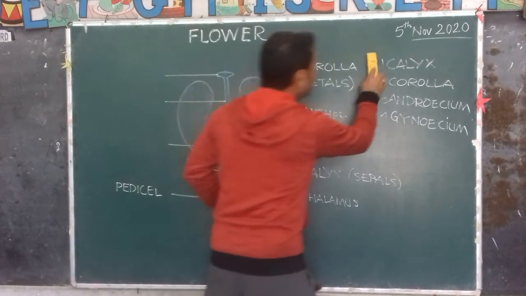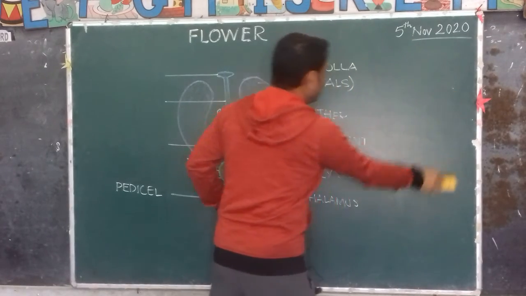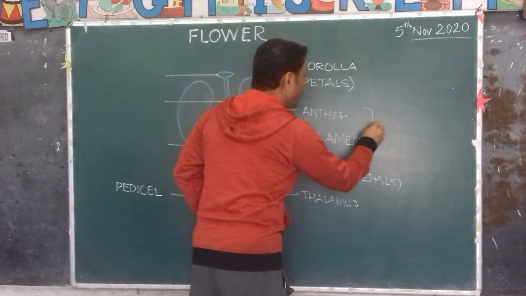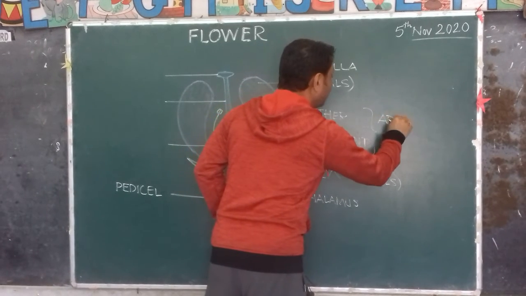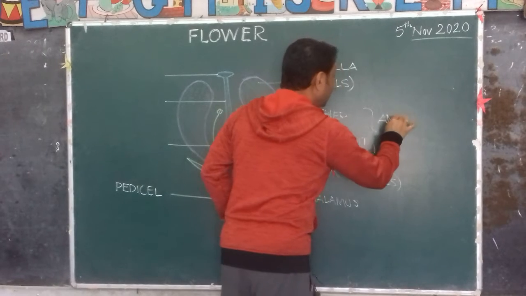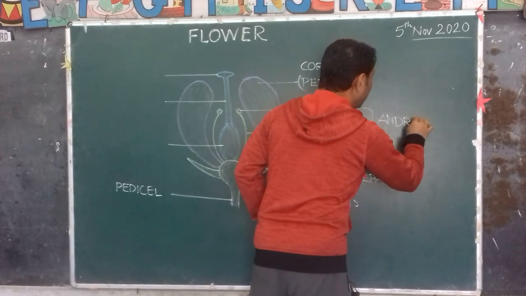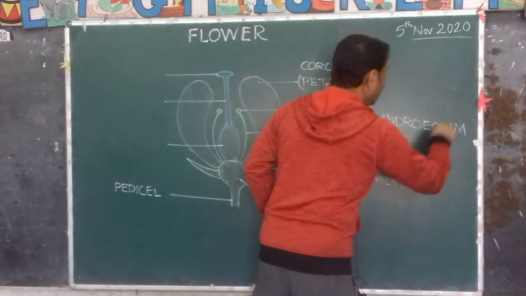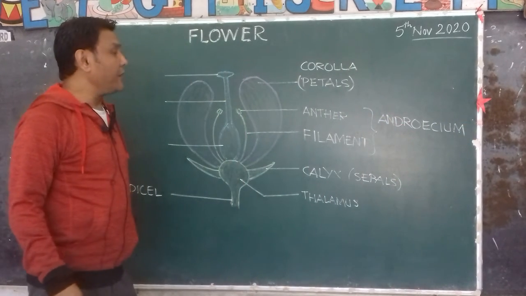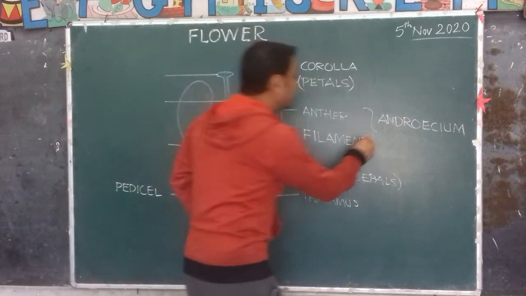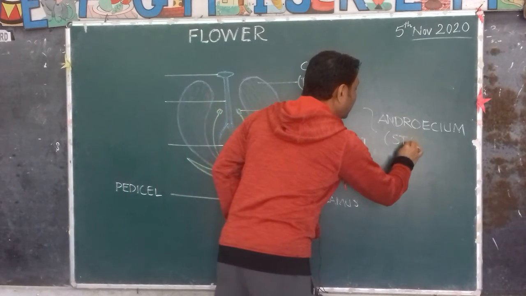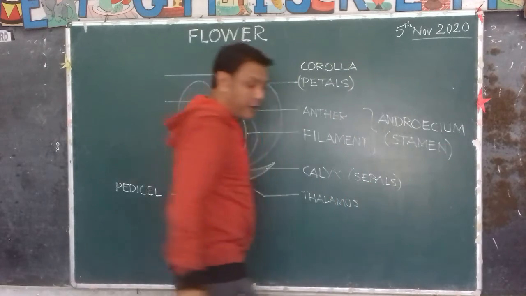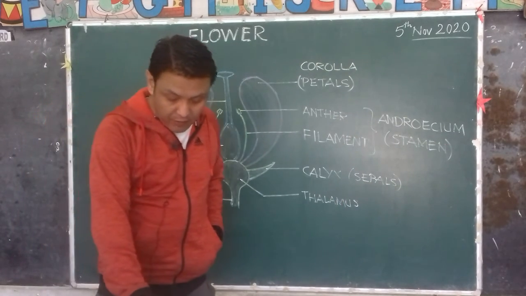So the anther and the filament make up the male part of the flower called the androecium, or it is also known as the stamen. The male part of the flower, or the stamen.